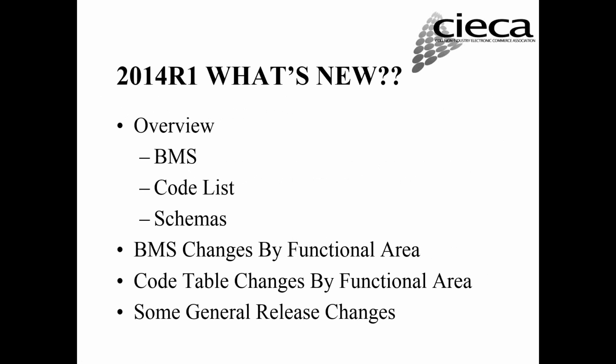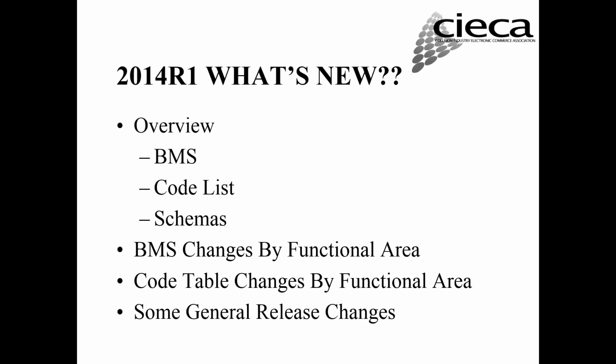The overview of our release package, as always, is that it contains three primary elements. BMS, the Business Message Suite document, the code list, actually hundreds of code lists in a massive Excel spreadsheet, and two different sets of schemas in XSD files.